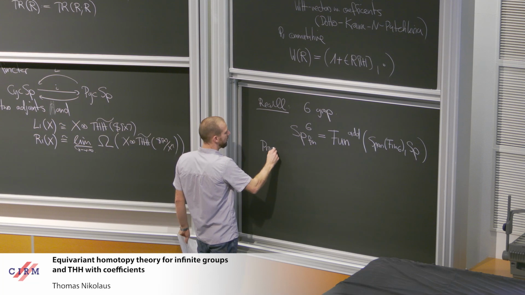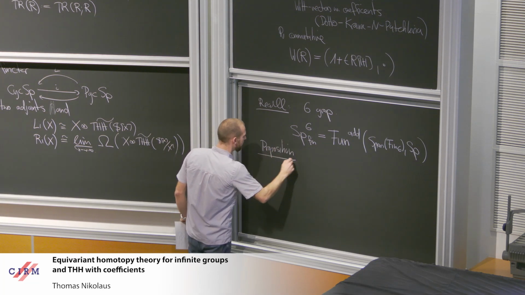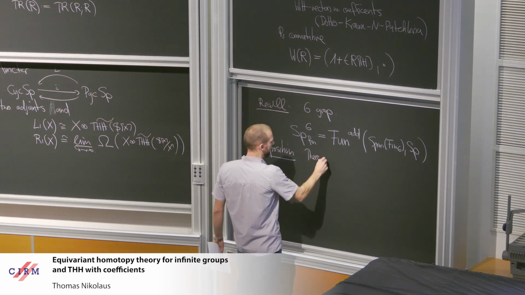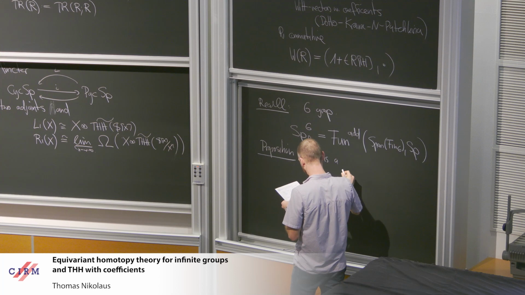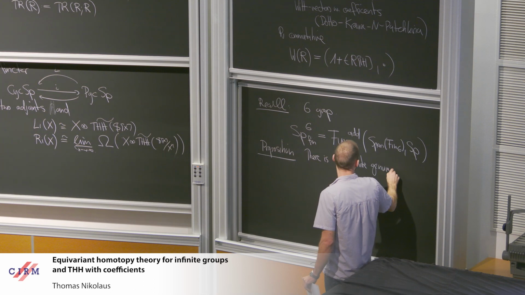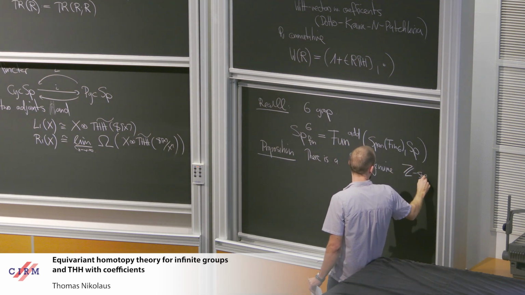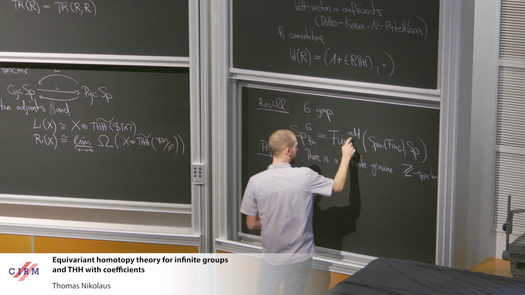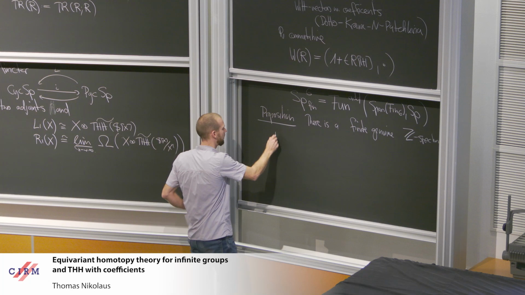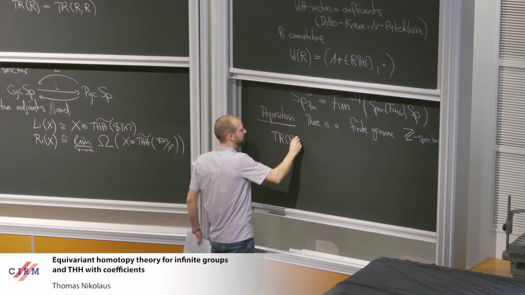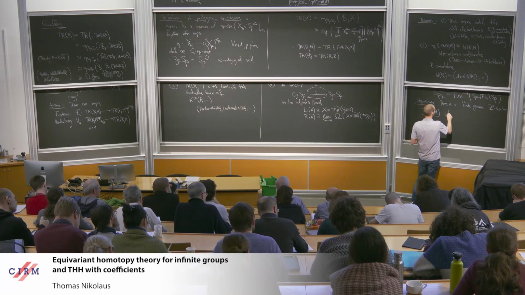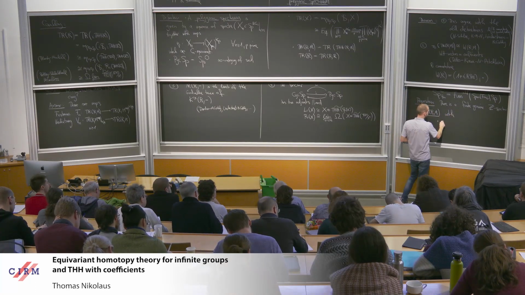And then you can prove the following result. There is a finite genuine Z spectrum, by which I mean one of those guys, which I call TRR underbar, with the following property.